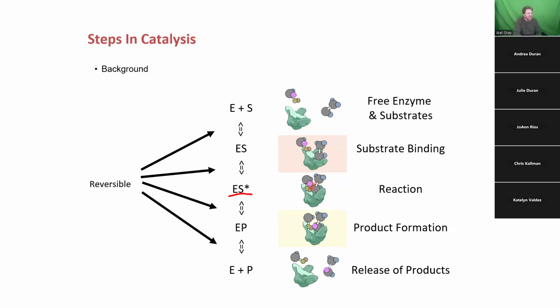And then EP would be, well, your enzyme is still in contact with the product. It's almost like the thing has been built, but it hasn't been released to the public. And then last but not least, our free enzyme and our free product. So these are all of the general steps that every enzyme is going to go through.